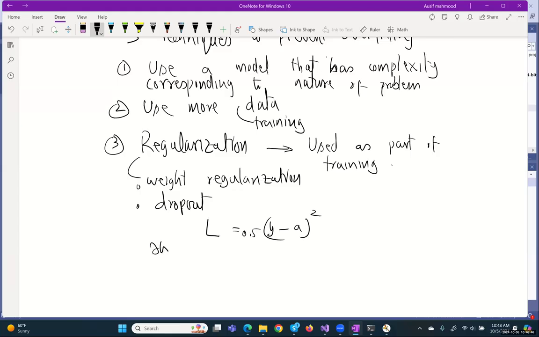We will now try to implement this like W minus lambda partial L over partial W, right? For all the weights in our network, such that this loss, which is the mean squared error, keeps getting less.